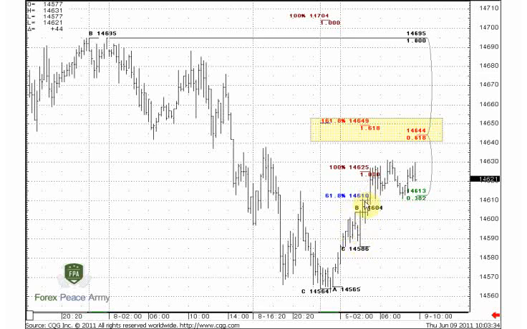The acceleration from the 618 to the 100% extension tells us that the market will probably reach the 1618 target. That stands around 146.49. It's very close to the 618 extension from the greater ABC that we just discussed on the hourly chart. Also notice that this is the 618 resistance from the top of the head to the neckline, 146.44.